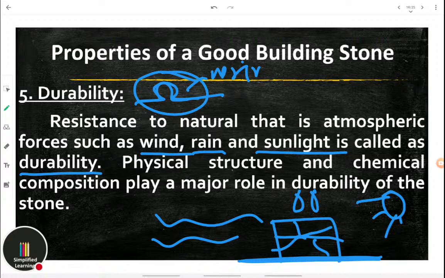Physical structure and chemical composition play a major role in durability. When we are talking about chemical composition, the stone will be made up of some molecules, some parent material, and the chemical properties of that stone are going to matter in whether the stone withstands all those natural forces or not.